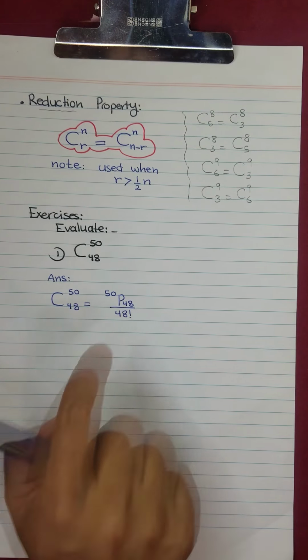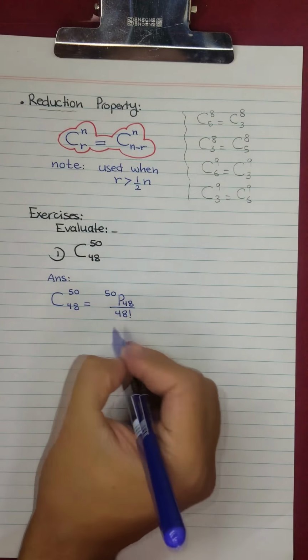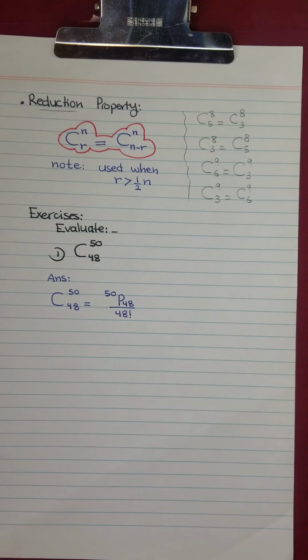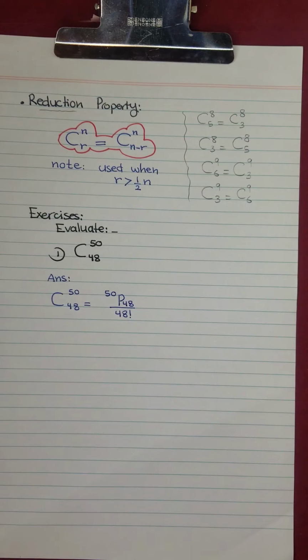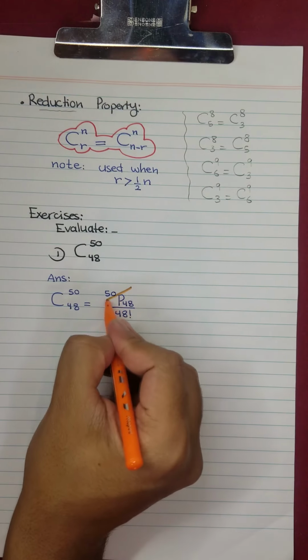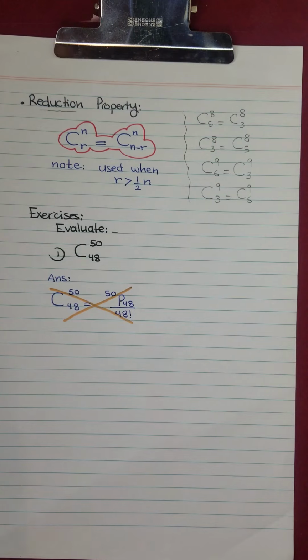And in the denominator, we need to write 48 factorial. That's a big number. And actually, this whole fraction is quite big. So instead of doing this, we will attempt to reduce it first.